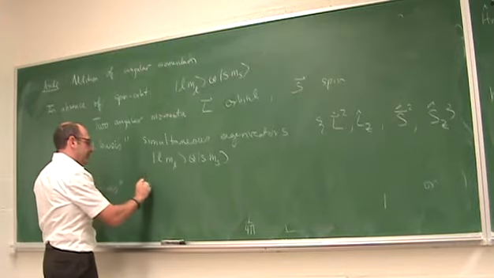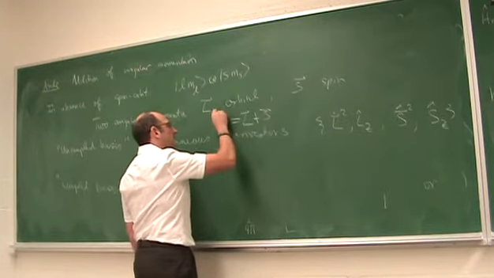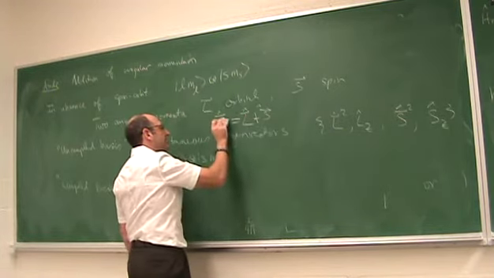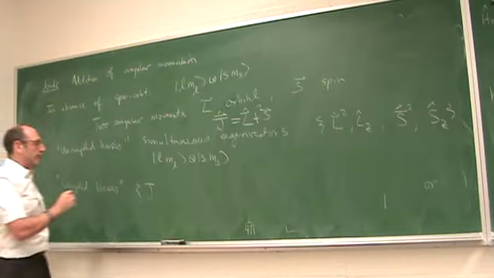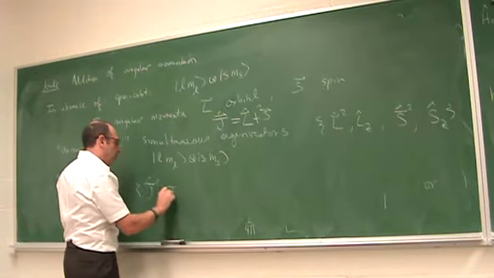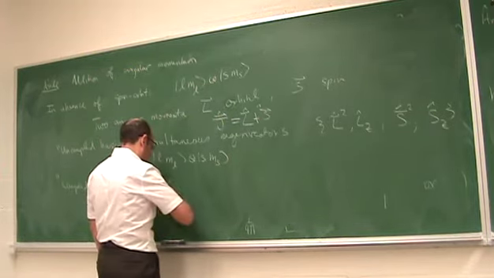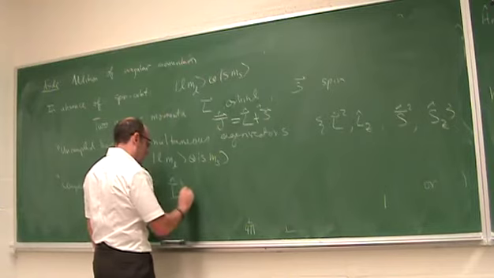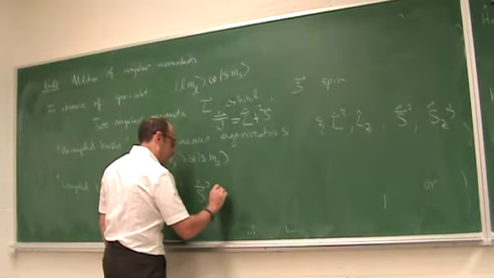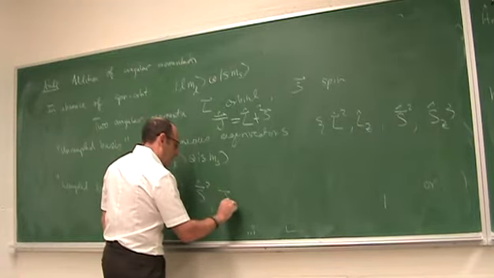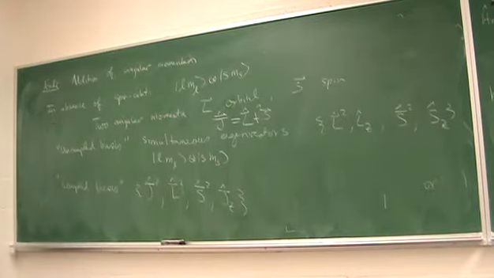In the coupled basis, we look at the total angular momentum, the sum of L and S, and traditionally in atomic physics, that's called J. So as an alternative way of specifying the state, we can specify a different set of commuting operators: the magnitude of the total, the magnitude of the individual, and then the projection of the total on a particular axis, which we generally call the z-axis, right?